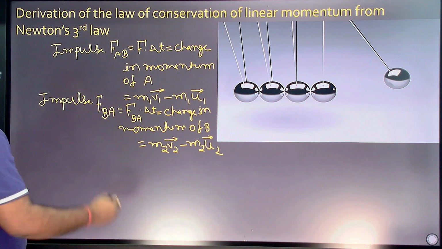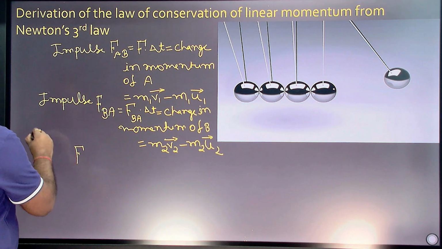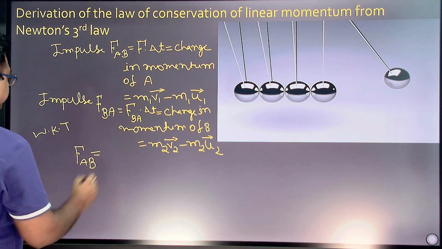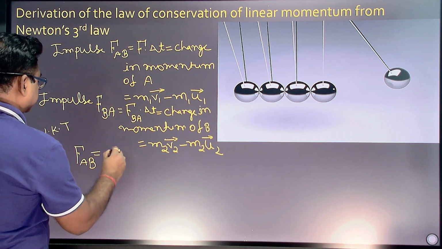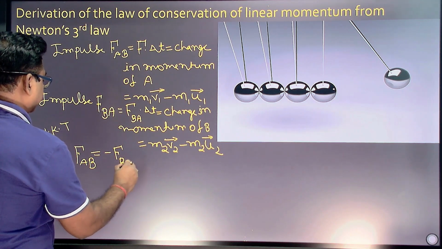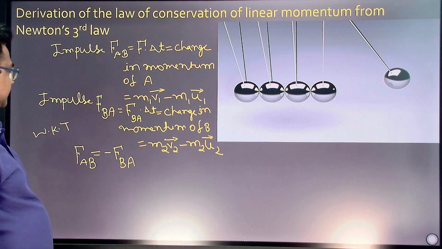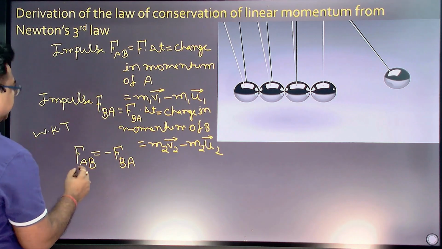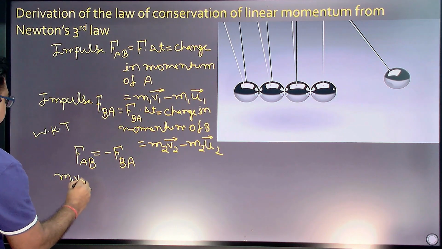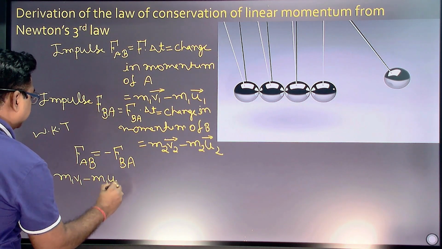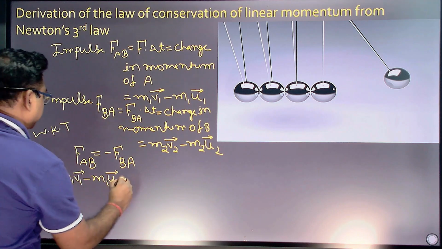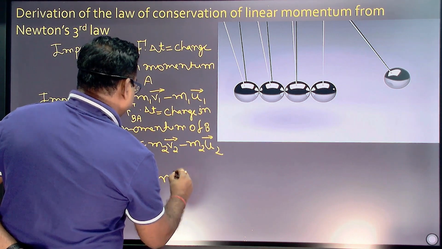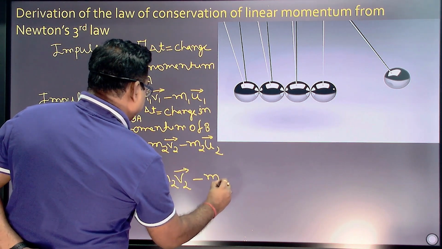Now what do we know about Newton's third law? We know that the force on A due to B is equal to minus the force on B due to A. So put the values: m1 v1 minus m1 u1 is equal to minus (m2 v2 minus m2 u2).